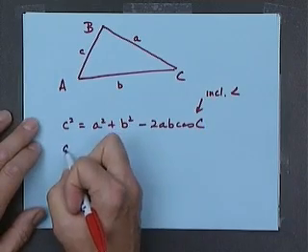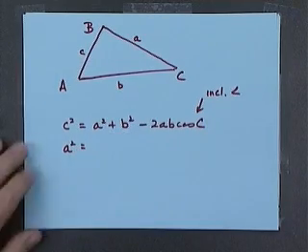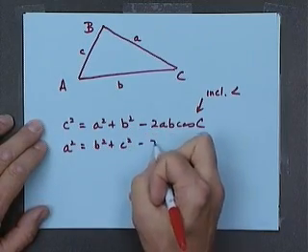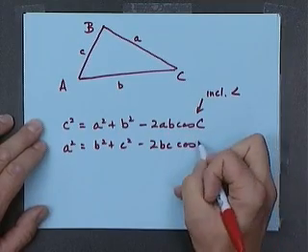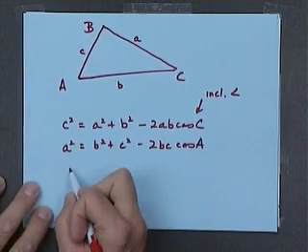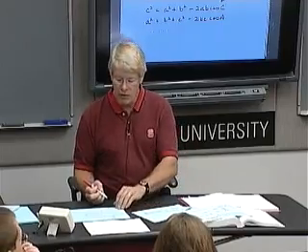We could start with A. So the same pattern would make this look like what then? C squared plus B squared minus 2BC cosine of angle A. So angle A is the included angle between sides B and C. So we could come up with the third version too, but that's how the law of cosines works.